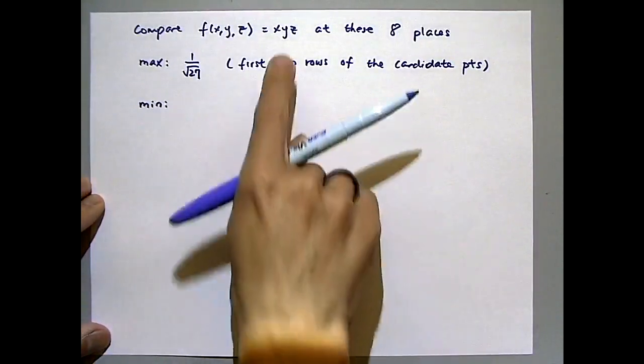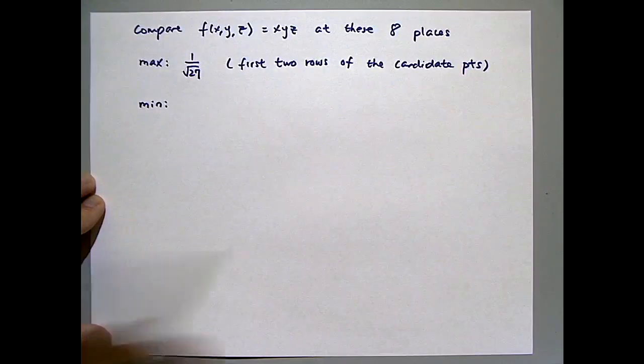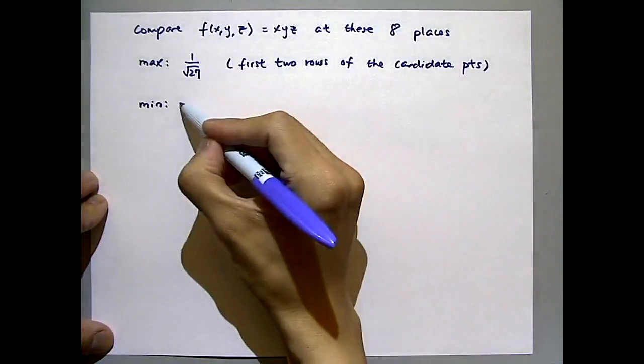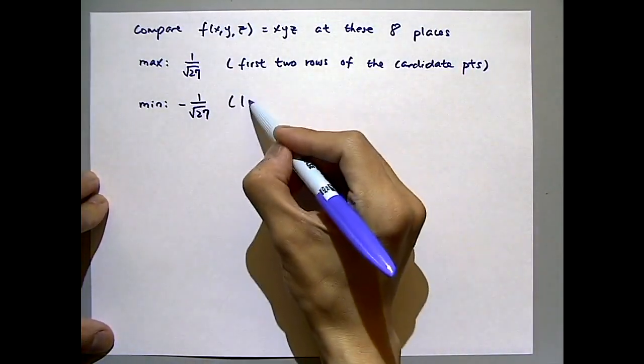The minimum occurs when this is negative, which happens when only one of them is negative, and that happens at the bottom row of the candidate points. Negative 1 over radical 27, and that's the last row.